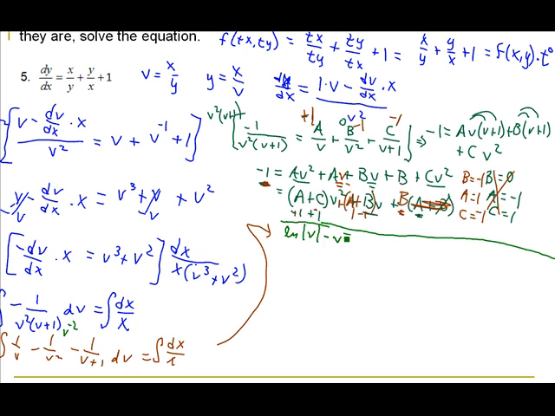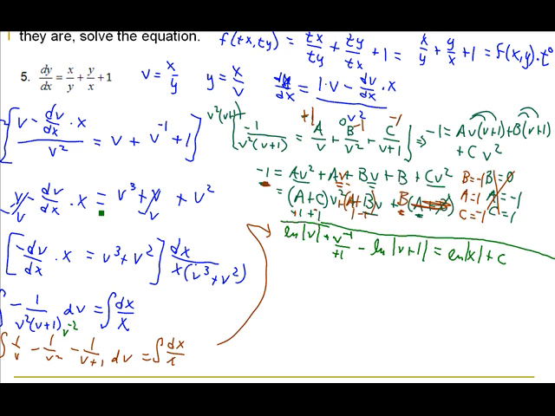So my exponent becomes v to the -1st, and divide by the new exponent, divided by -1. And here these negatives will cancel. Integrating 1 over v plus 1 gives you a natural log of v plus 1. On the right side, integrating 1 over x gives you natural log of x, then plus your constant of integration.